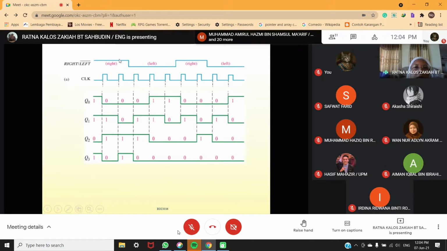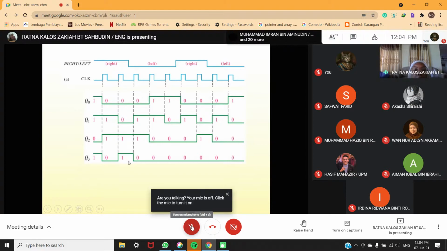This is high, so shift to the right. Now at this clock here, this is already shift to the left. You see my cursor here? This is already shift to the left. So now, shift to the left is going up. You start from the bottom here.